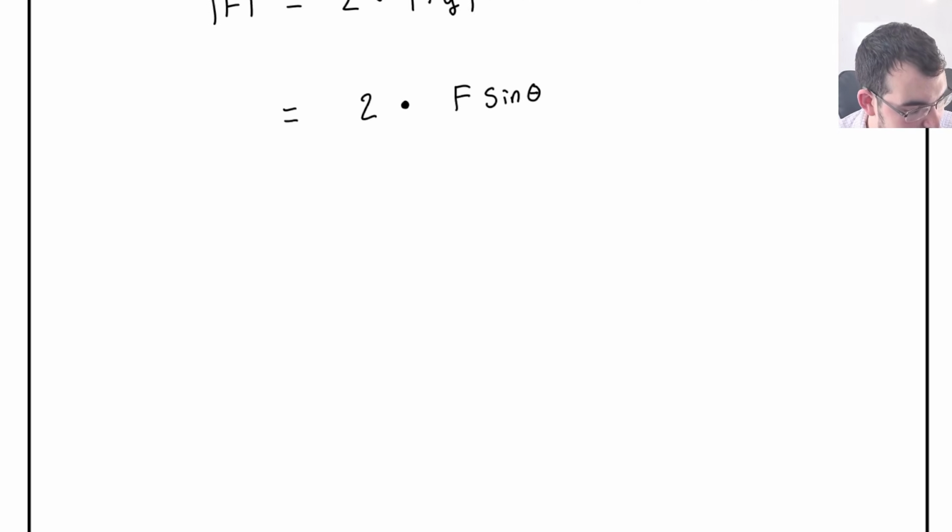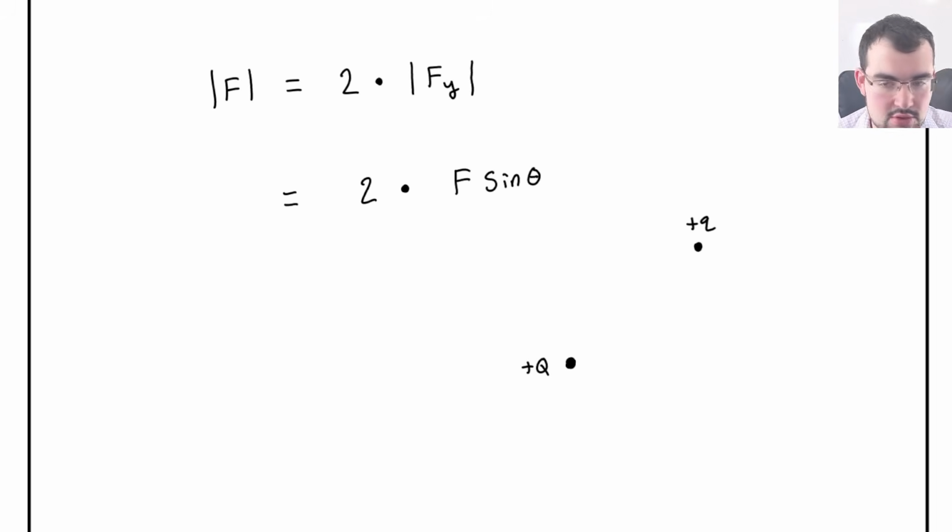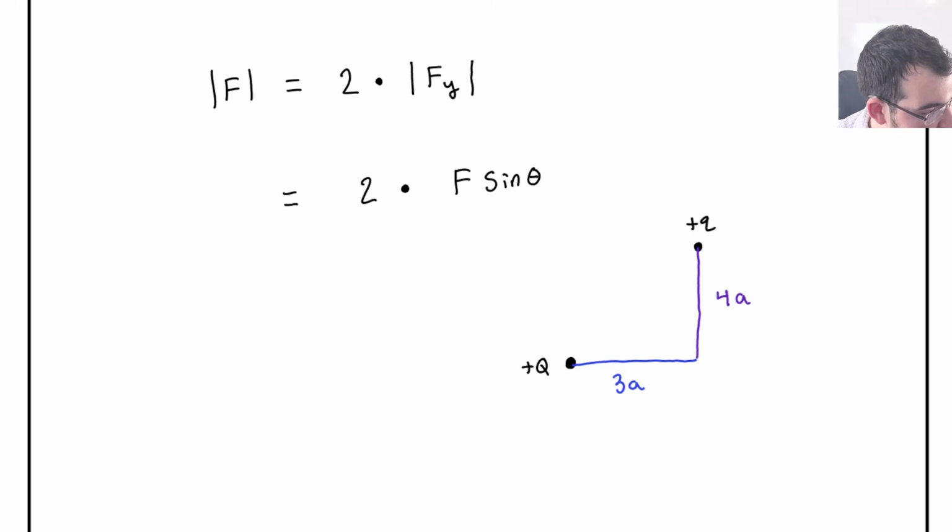So in our picture, I'll draw this. What we were given is that this horizontal distance was 3a, and then this vertical distance was 4a. Oh, how interesting and convenient. And then, of course, Coulomb's law is about the center-to-center distance between these charges, so we're going to have to use the Pythagorean theorem.